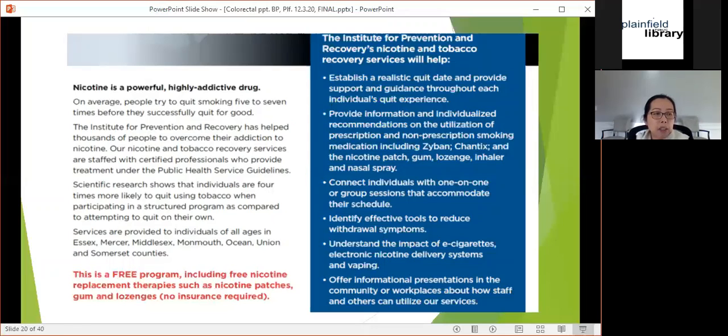Services are provided to individuals of all ages in Essex, Mercer, Middlesex, Monmouth, Ocean, Union, and Somerset counties. Most importantly, this is a free program, including free nicotine replacement therapy, such as nicotine patches, gum, and lozenges. No insurance is required. Next.